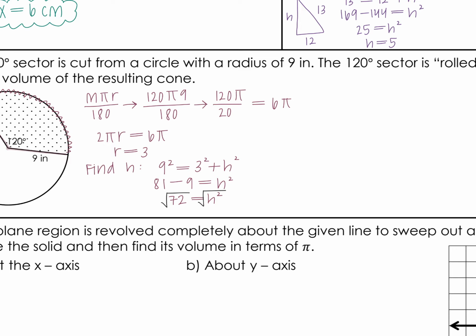And so when I simplify, I'm going to get 6 root 2 is equal to my h. Now, for those of you that need to see where I'm getting that from, looking at this over here, I can factor this into 36 and 2. The square root of 36 is where I get that 6, and then I just have that leftover 2 underneath the radical.